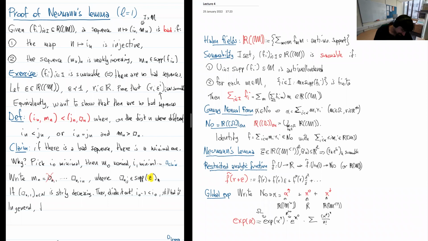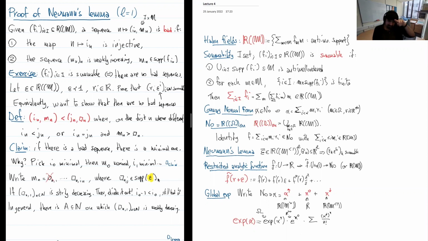In general, there is a subset A of n on which the sequence O n 1 is weakly decreasing. That would be a subsequence. And now I would like to do the same procedure.